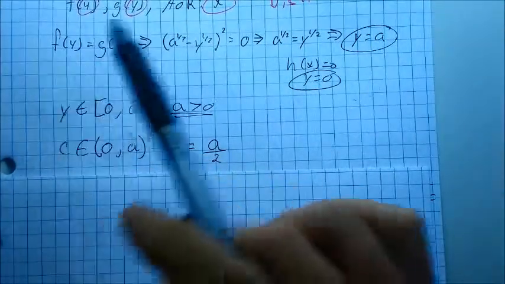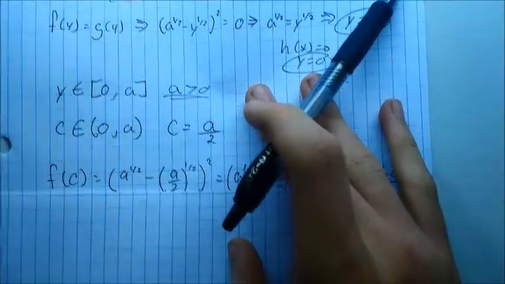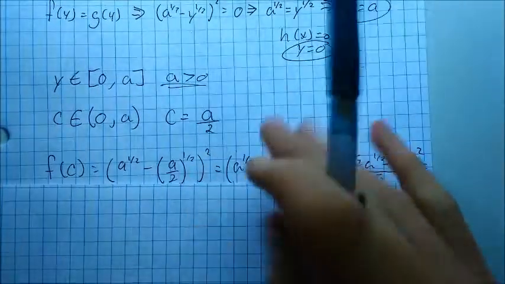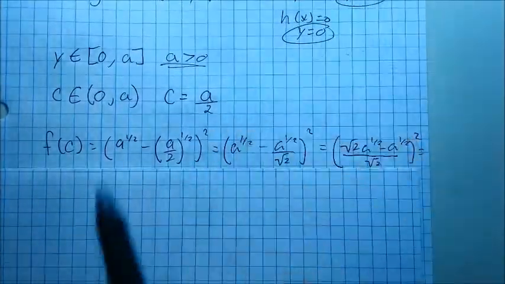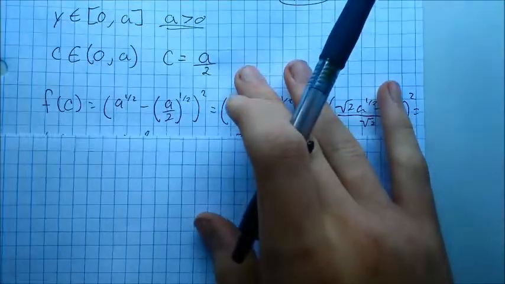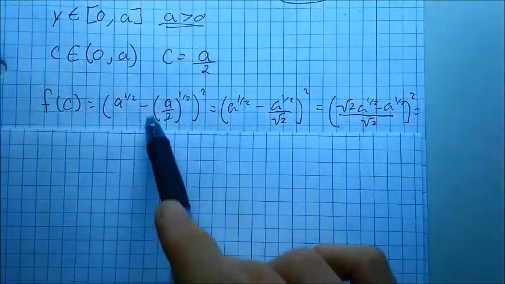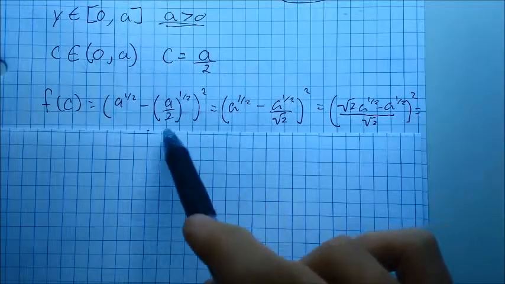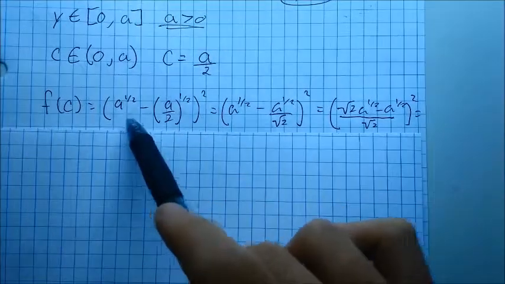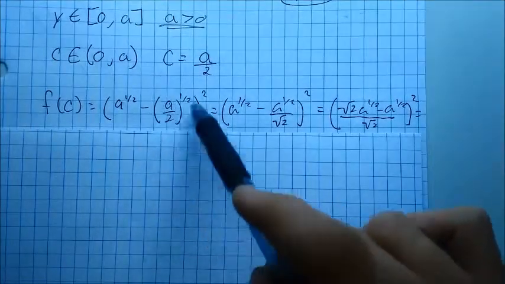If we plug it into f of y, this math is exactly identical to what we did in the shell method. We have a to the 1/2 minus, this was y to the 1/2 squared, but we're plugging in c, so it's a to the 1/2 minus a over 2 to the 1/2 squared.